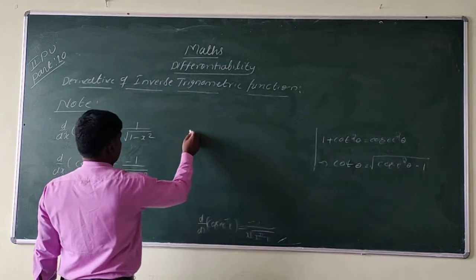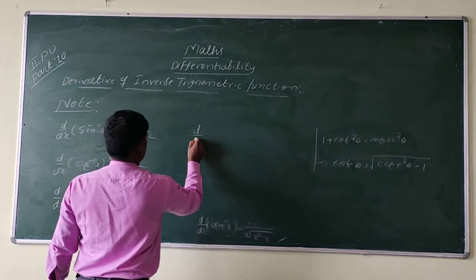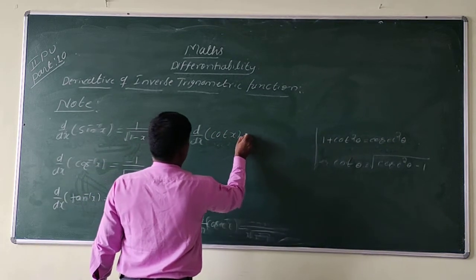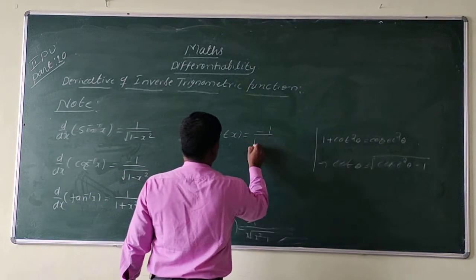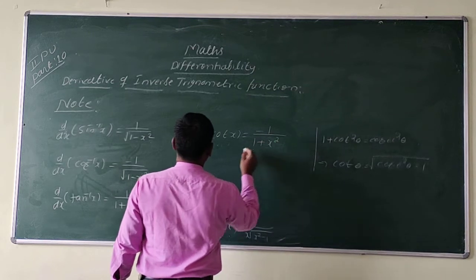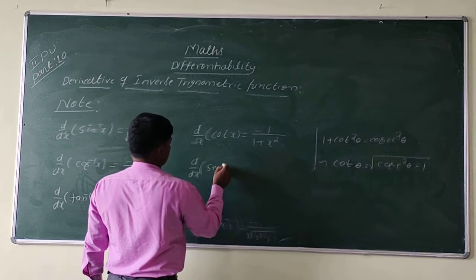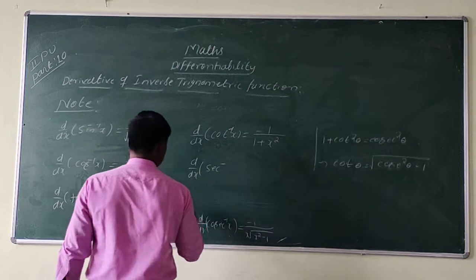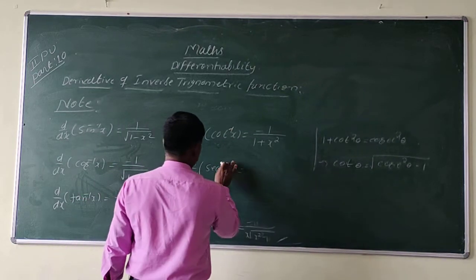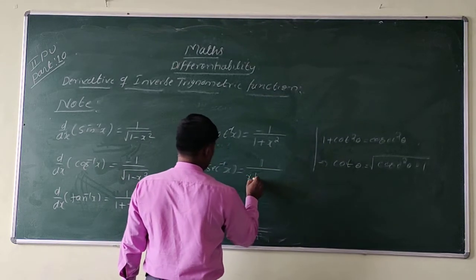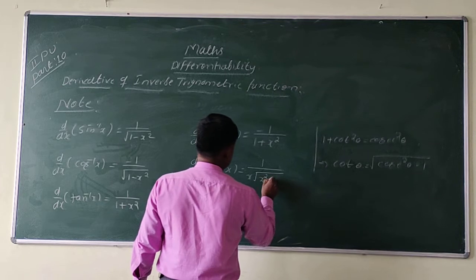Similarly, d by dx of cot inverse of x is minus 1 by 1 plus x square. d by dx of secant inverse of x is equal to 1 by x into root of x square minus 1.